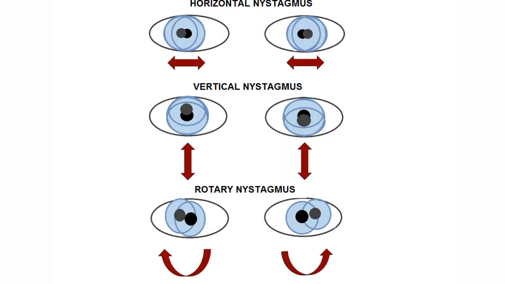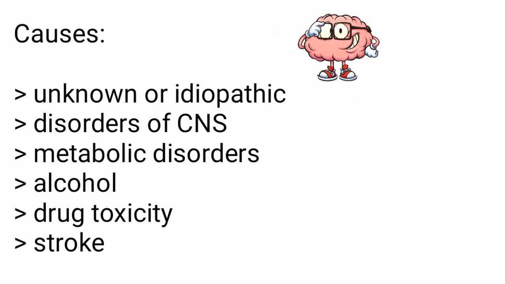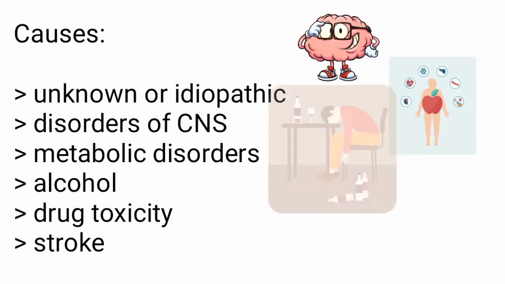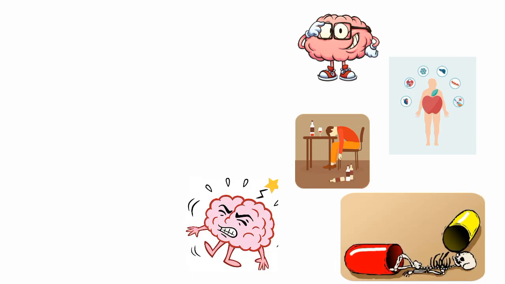There are three types of nystagmus: the horizontal nystagmus, vertical nystagmus and the rotatory nystagmus, as you can see in the diagrams here. There are many causes, but we discuss some of them, like the unknown or idiopathic, disorders of the CNS, metabolic disorders, alcohol consumption, drug toxicity, or stroke.